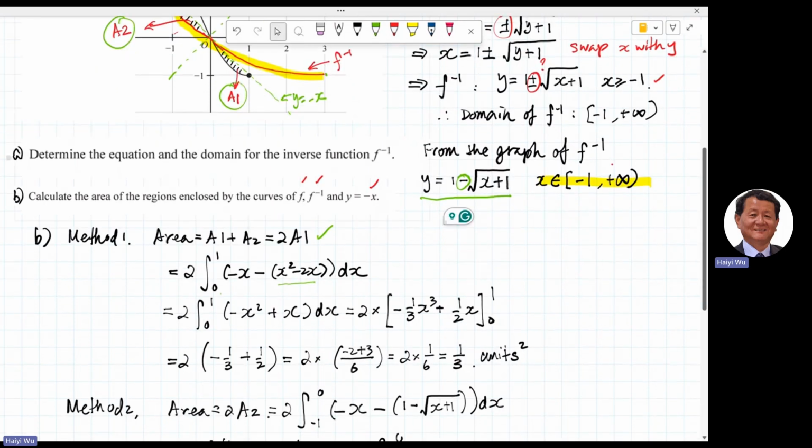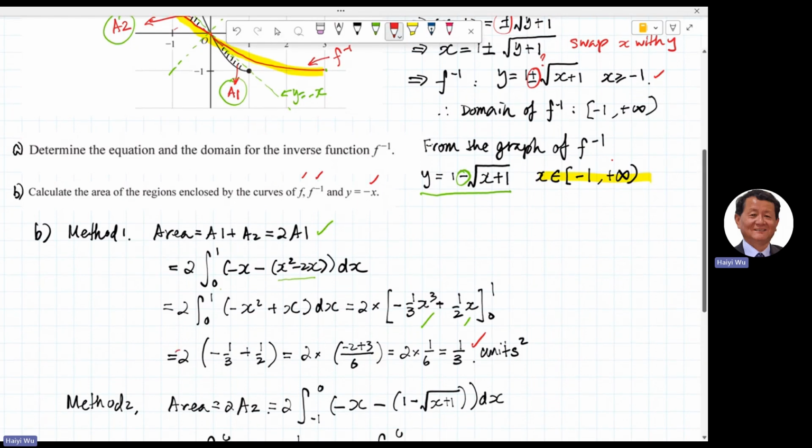We integrate these two, then substitute the values into the equation. The answer is 1/3 units squared. That's method number 1. Don't forget to multiply by 2.